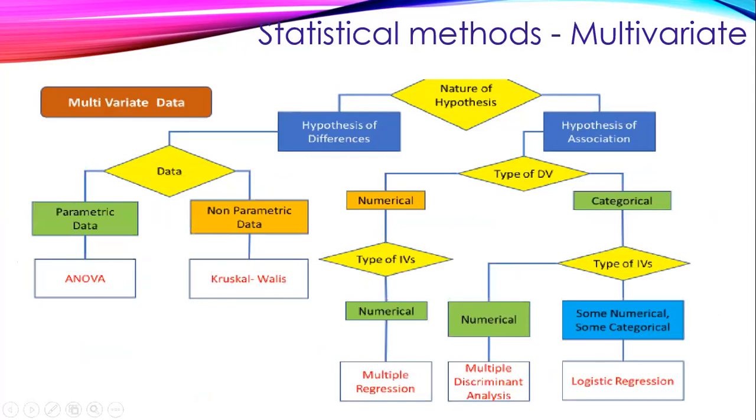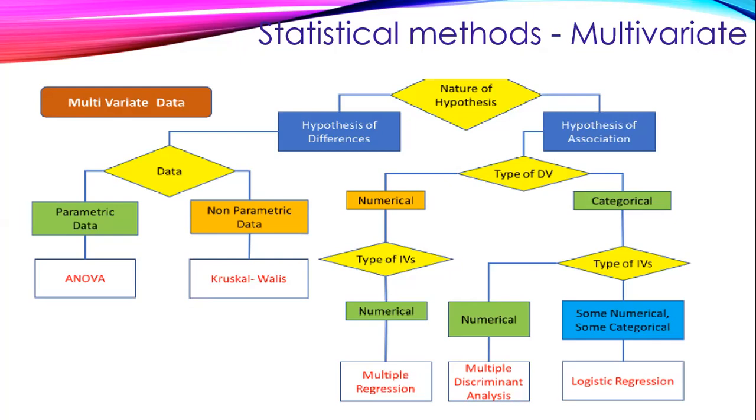Next, coming to multivariate data. In multivariate data also, you can have hypothesis of difference and hypothesis of association. When you're going for a hypothesis of difference, you have to check whether your data follows parametric nature or not. When your data is parametric, then you go in for Anova.